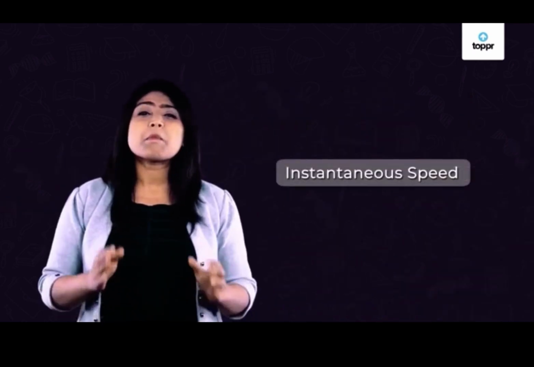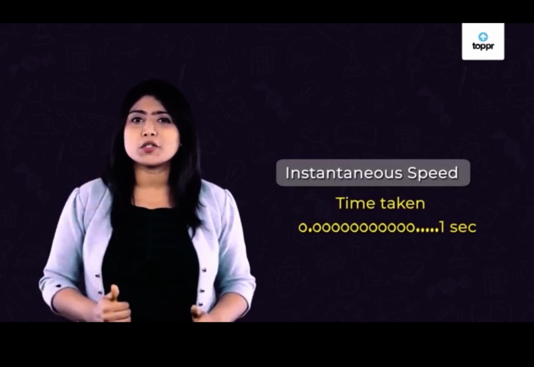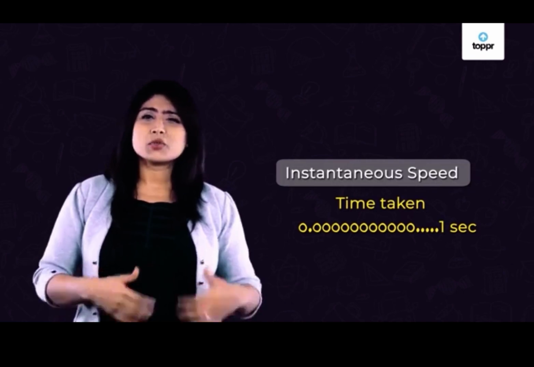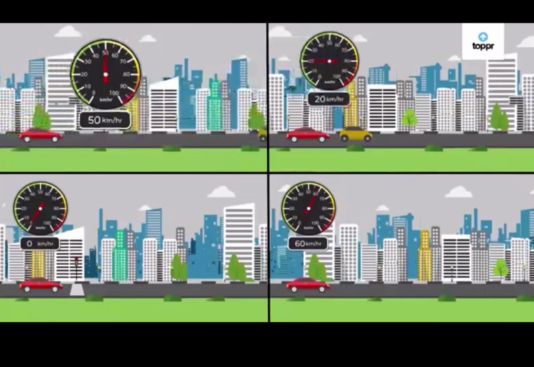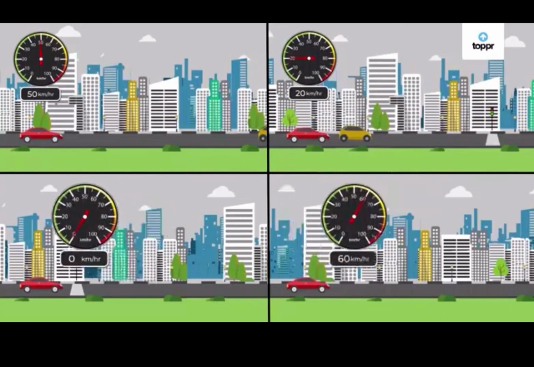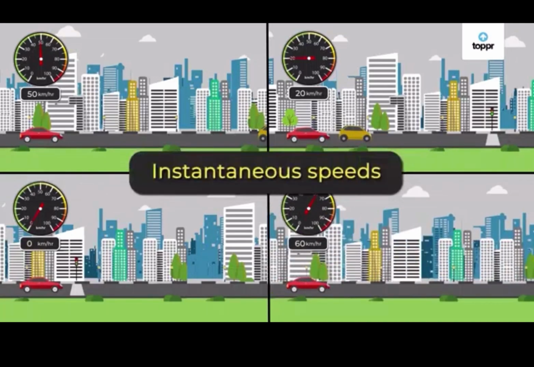And yes, calculating the instantaneous speed must be hard because the time used is such a small duration. So for now, let's leave that calculation to the speedometer. Here, 50 kilometers per hour, or 20 kilometers per hour, or 0 kilometers per hour, or 60 kilometers per hour are Rohan's instantaneous speeds.